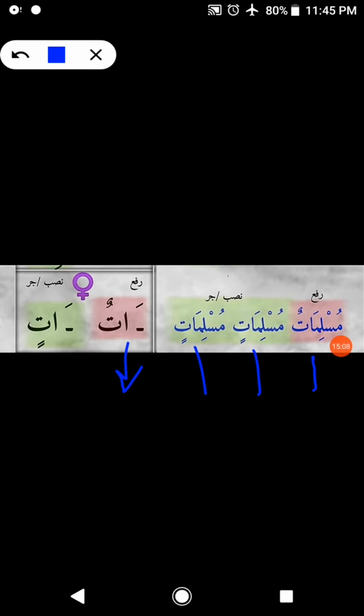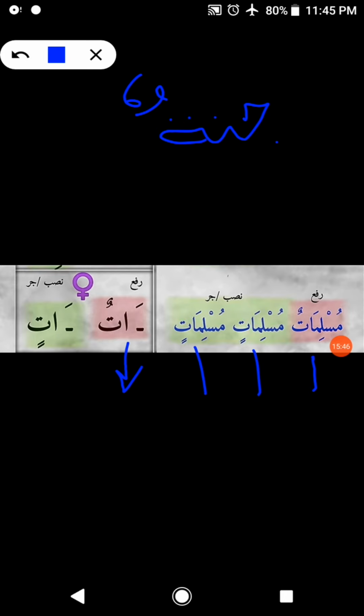Now, remember how I told you that you are not going to use jama salim for ghair aqil asma? Well, let's study this example. Jannatun, a garden. Is it aqil or ghair aqil? Ghair aqil. But of course, remember how I also told you that almost always this jama salim is used only for aqil, and there are only very few examples where a ghair aqil ism is also made by jama salim.